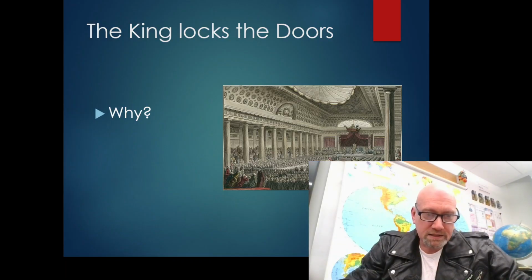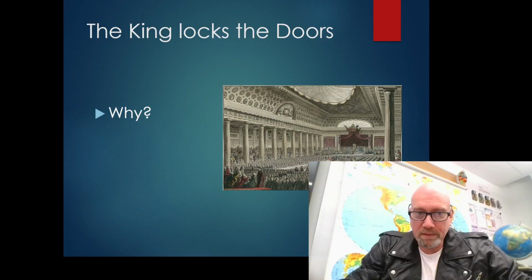The king locks the doors. Why? This was a huge mistake. It made the commoners, the Third Estate, so upset that they left and found somewhere else to meet.